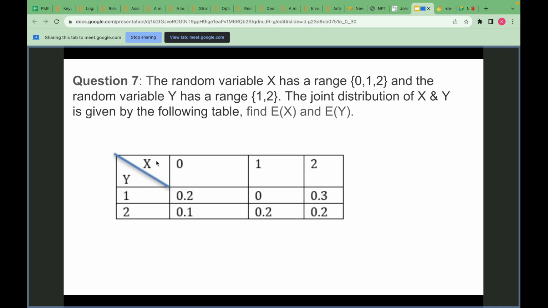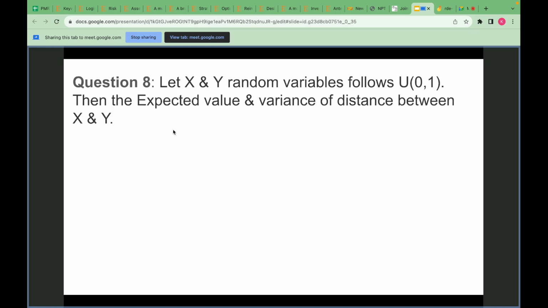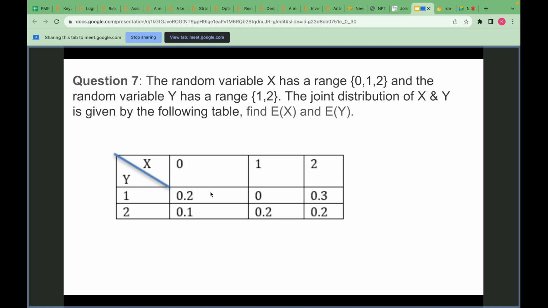So here this is x, this is y. X varies over 0, 1, 2 and y varies over 1, 2. These are the joint probability mass function values, for 0, 1; 1, 1; 2, 1; 0, 2; 1, 2 and 2, 2.